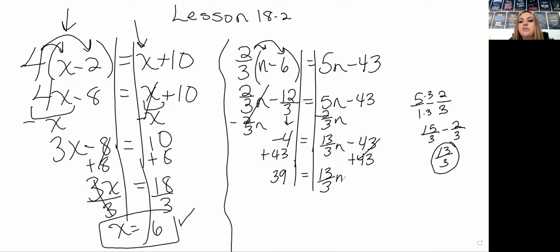Now, because my coefficient is a fraction and we need to separate it to isolate the variable, I'm going to undo that multiplication by multiplying by the reciprocal, right? So that's going to give us a 1 n, or just n, because these are going to cancel out to 1.